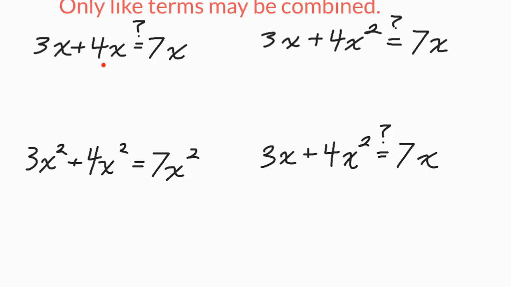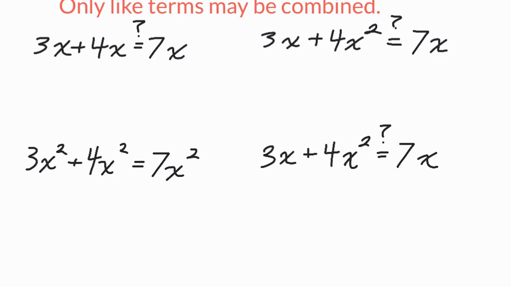Is 3x plus 4x really equal to 7x? Is 3x plus 4x squared really equal to 7x? Well, how can we check that? Basically, this means if I take a number and multiply it by 3, and I take the same number and multiply it by 4, and then I add those together, is that equal to taking that same number and multiplying it by 7?